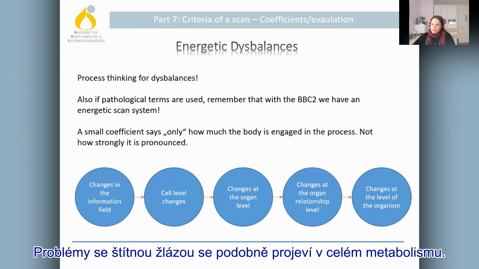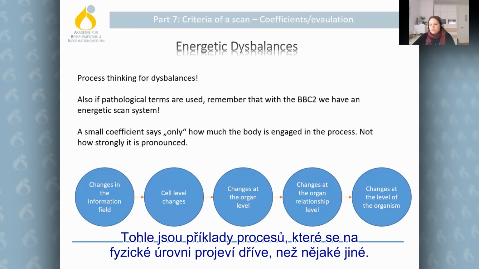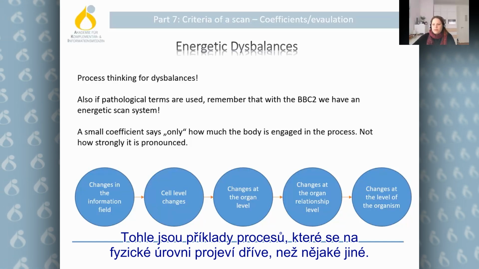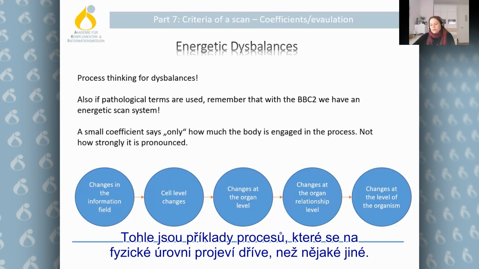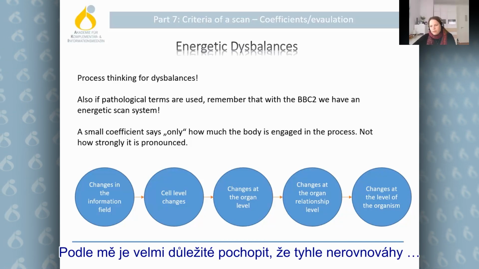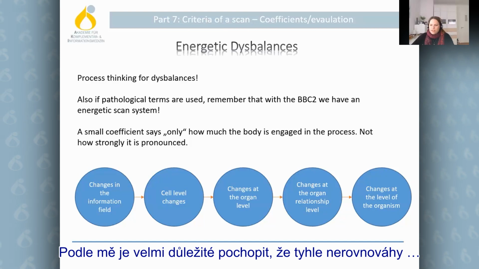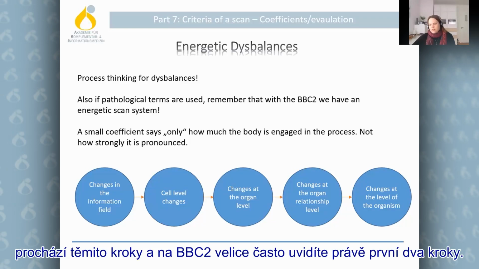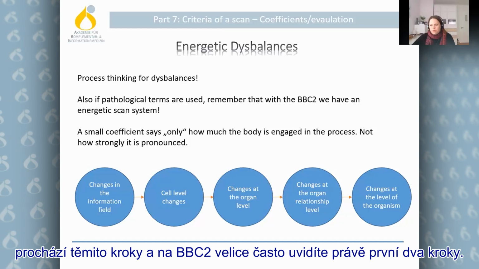When you have problems with the thyroid gland, the whole metabolism will be connected to it. So these are processes that will show up in the physical body faster than some others. But this is for me really important to understand, that these disbalances are not special statements, but it's just a process, steps going through.